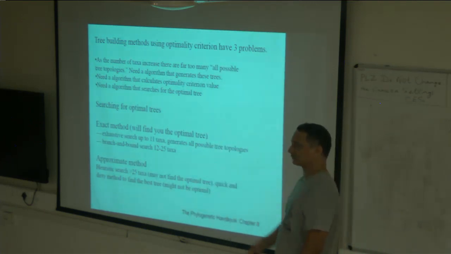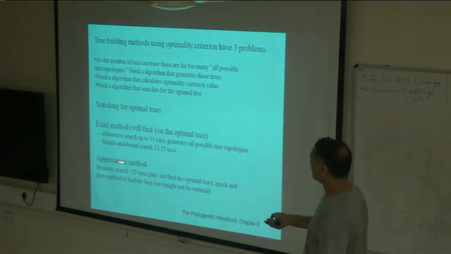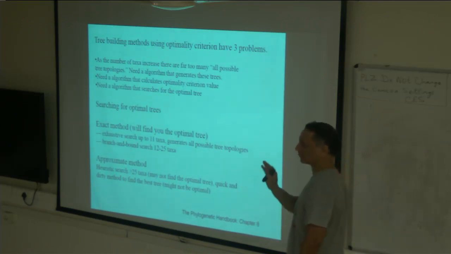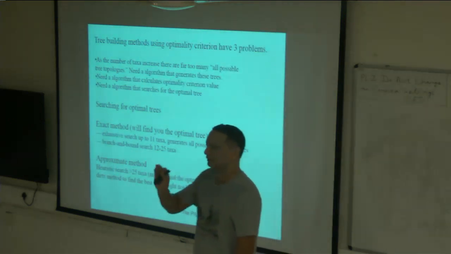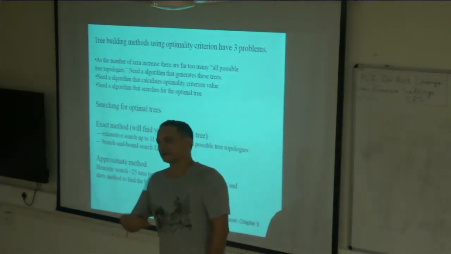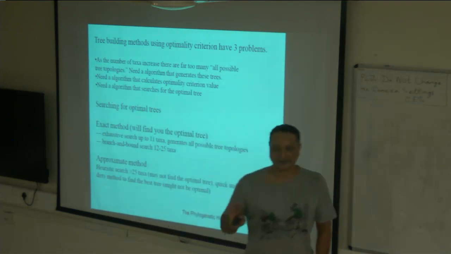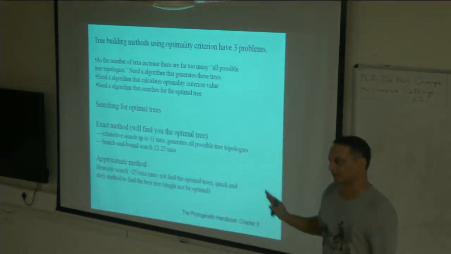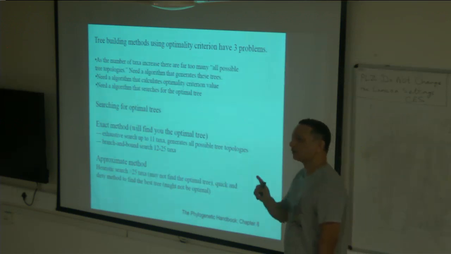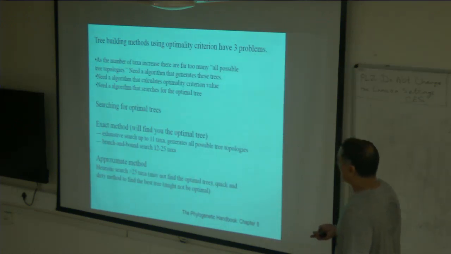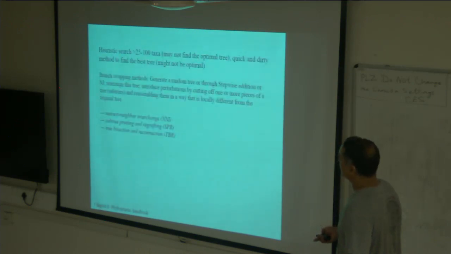Right? It will take a lifetime. So you use something called a heuristic method, which is sort of a quick and dirty method to find the best tree. It might not be the optimal tree. So please be very careful when you're using these terms. You are getting the best tree given the constraints of time and computational time and the algorithm. It need not be the optimal tree. Okay. So how does the heuristic search method work?